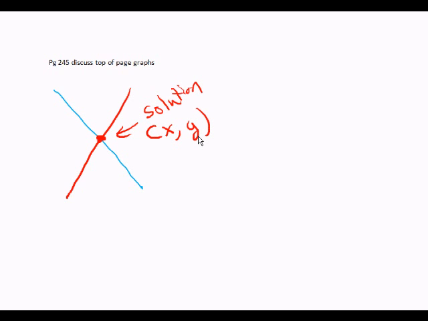Each coordinate on a graph has an x part and a y part. So when you have one answer, in other words, when 2 lines cross and it creates one answer, if you look at the top, these are called consistent systems. And the answer is independent. So I'm just going to write the word independent here.